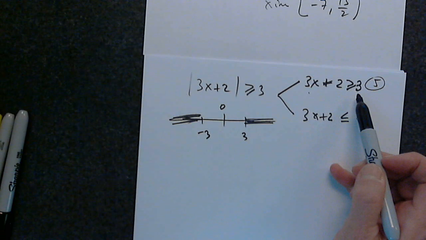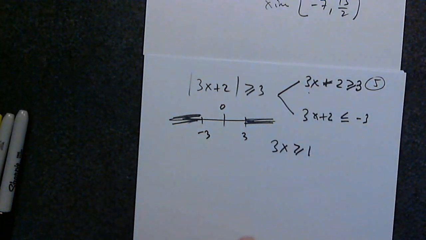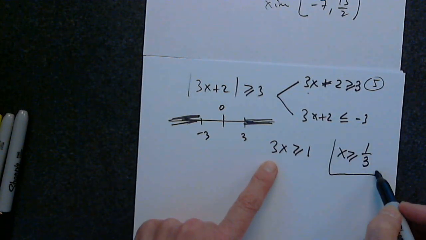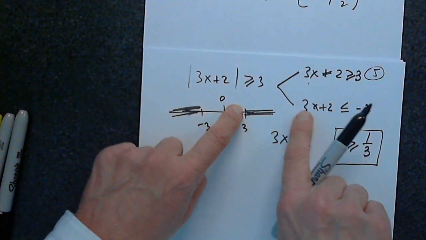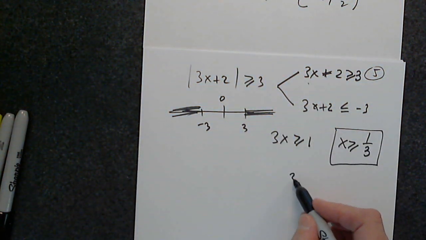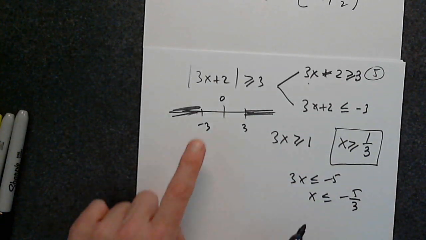So then this is 3x greater than or equal to 1, because I subtract 2, and I divide by 3. So this is the first inequality, which will be this side. And now on the other one, I have 3x less than or equal to -5, x less than or equal to -5/3, which will be this side.